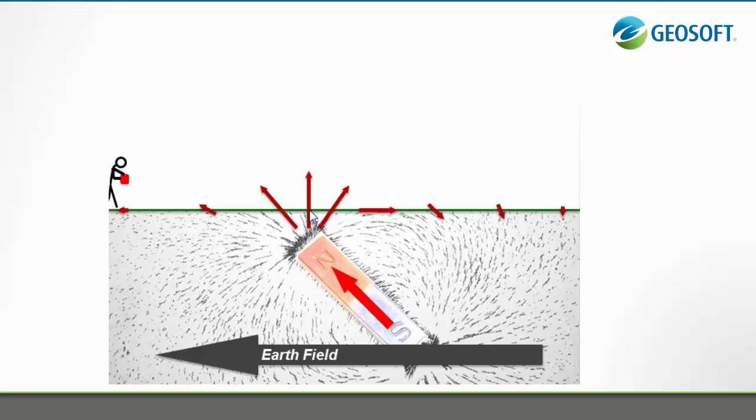Right in the middle, just by deduction, I can see that the magnetic field is quite strong, but it's orthogonal here, so it's not really doing anything to the field. So I'm going to get a crossover. It's going to go through 0. Here the anomalous field is working against the Earth's field, so I'm going to get a strong negative, and then that negative will reduce and become a positive again over here.